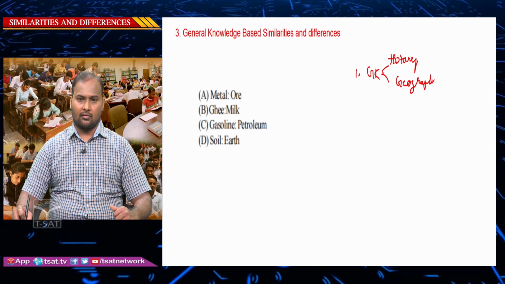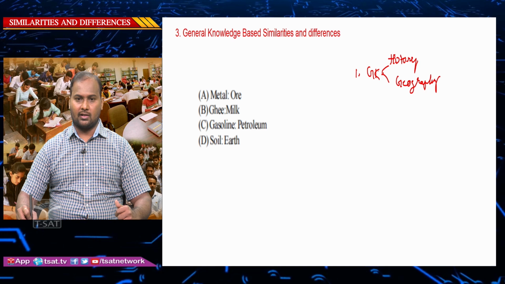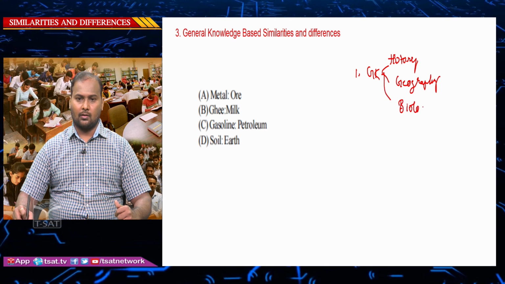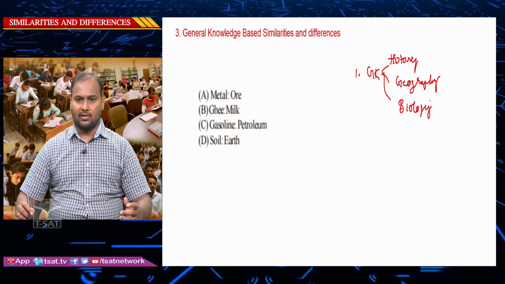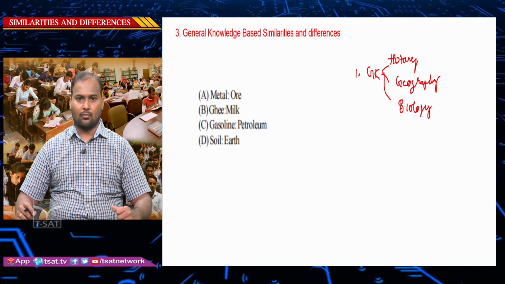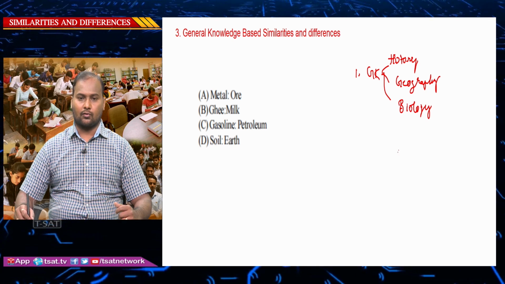In geography, they will ask about different types of forests, rocks, and soils. And again, questions based on biology. This is very important, because they will give similar types of diseases: viral diseases, bacterial diseases, protozoan diseases or fungal diseases. So they may ask a wide range of questions.